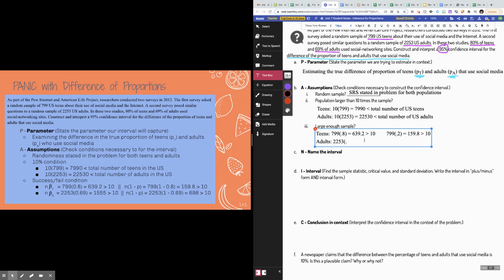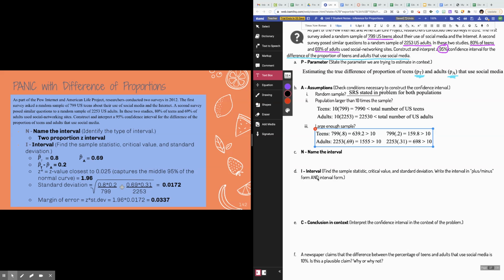So that's 0.69. And I'm going to multiply that out, and I get 1,555. Definitely greater than 10. Okay, and then same thing here for the number of failures. 2253 times 0.31, which is 698. Definitely greater than 10. Okay, so I've checked my 3 conditions.